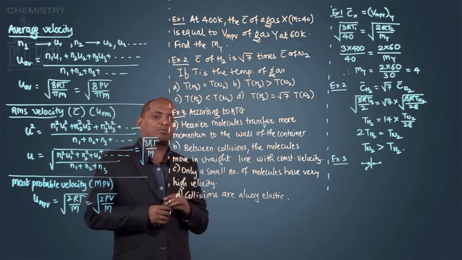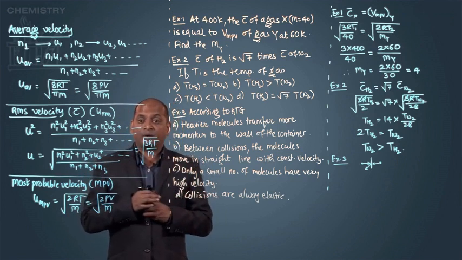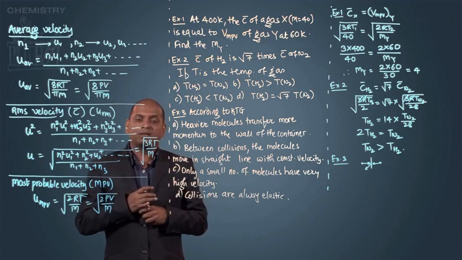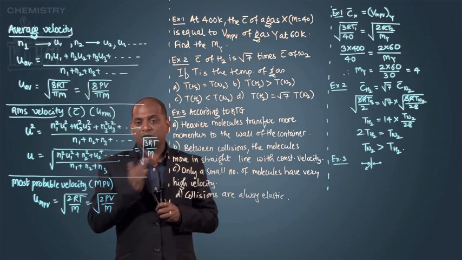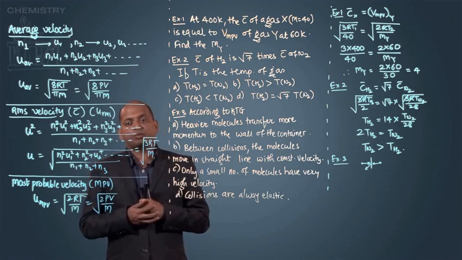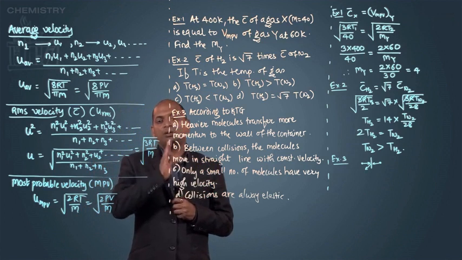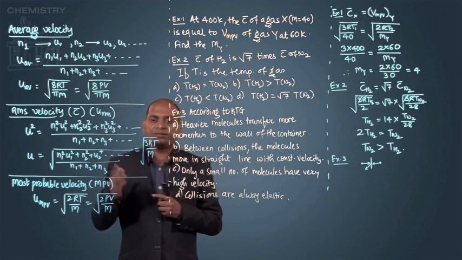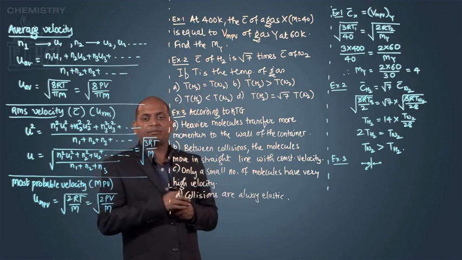And that plays a very important role in the liquefaction of gases, like liquid nitrogen, dry ice. The change in physical state plays a very important role. And ideal gases never undergo liquefaction or solidification. Now why that is happening, that also we have to discuss.